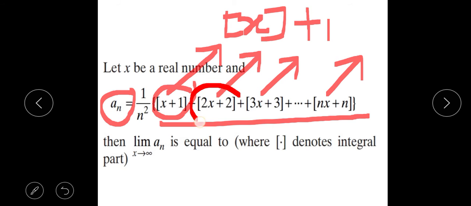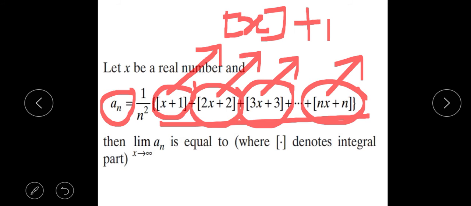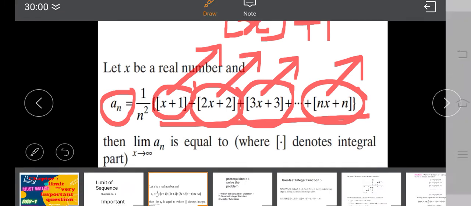Similarly, from the second part, we will get [2x + 2], which reduces to [2x] + 2. Similarly, from the third term and so on. Let us now see the solution.